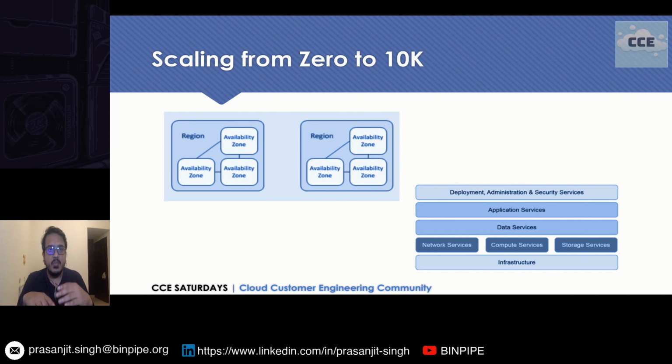So when we are moving from 0 to 10,000 users, what are the different services that we would be looking at in order to get this built? Now, how do we build a scalable architecture that can serve up to 10,000 users? Well, if you just want to get your hands dirty, you could start deploying a simple application on a single box.